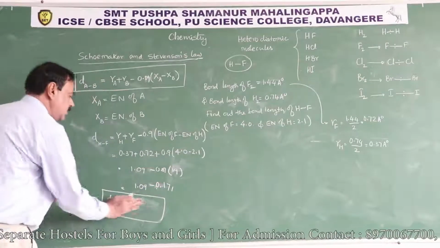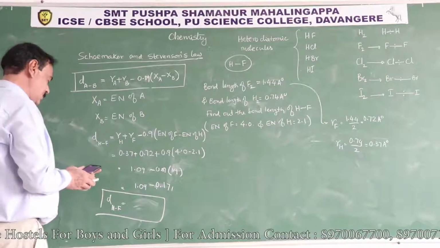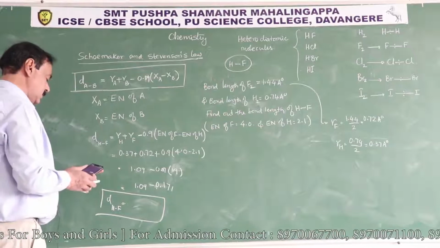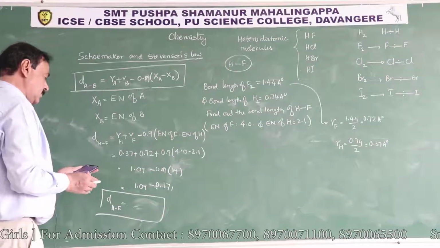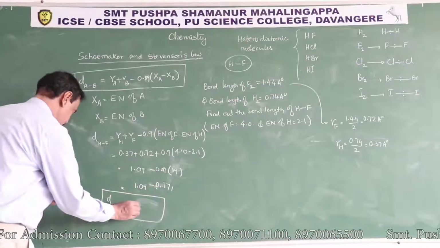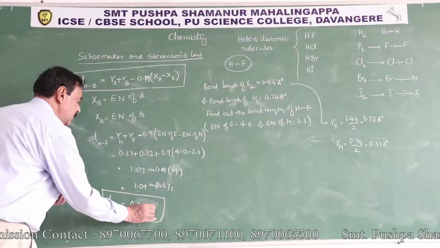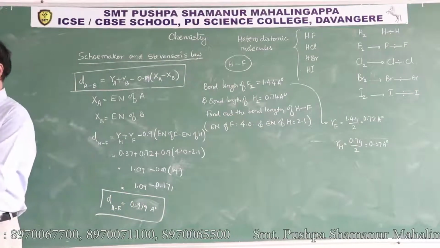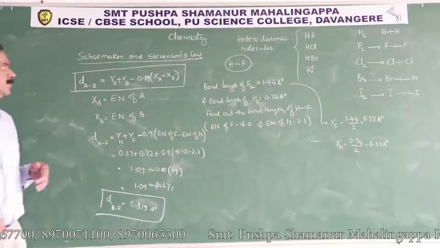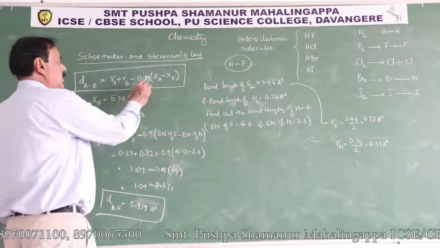Now this would be 1.09 minus 0.171, which is equal to 0.919 Angstrom units. Now recorrect this formula.